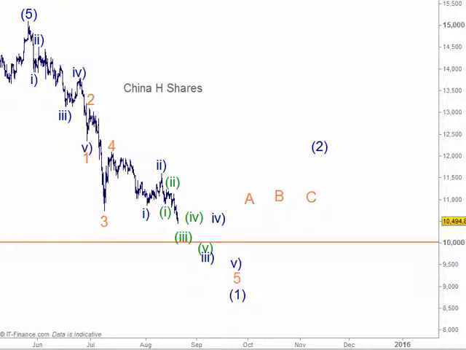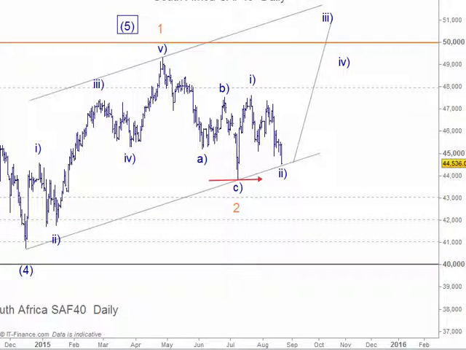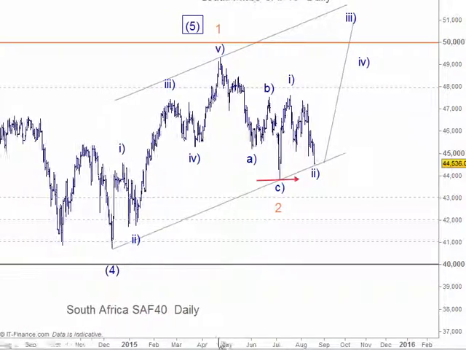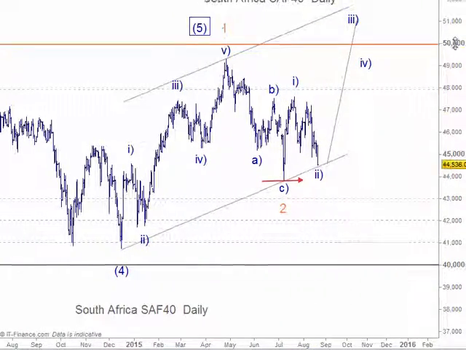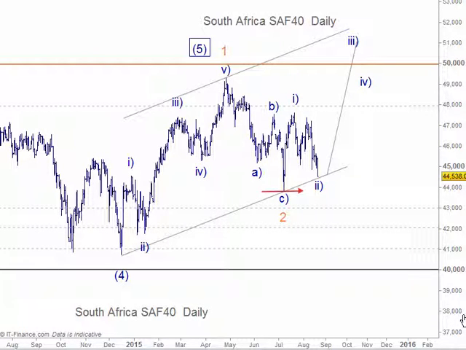The South African shares. So this situation here, we've looked at the bearish count before, but I'm just staying with the bullish count for the time being, and I will turn bearish as soon as this low here gets taken out. This one here.